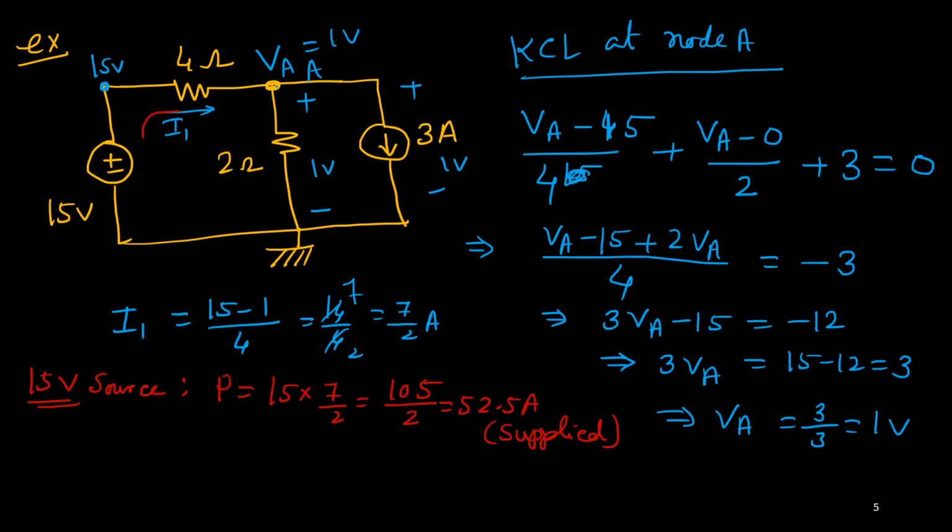Now the 3 ampere source. What will happen? In the 3 ampere source, this is the current flow and the current is entering the plus terminal. So this 3 ampere current source has to consume, or absorb, power.